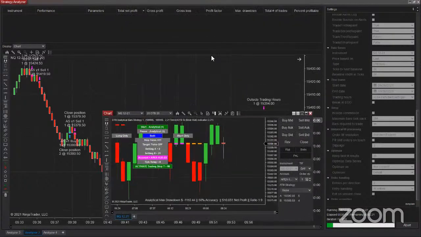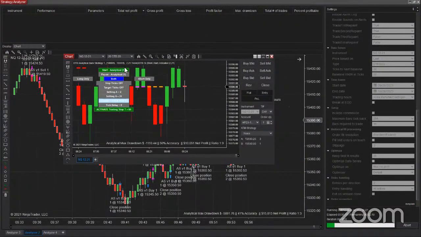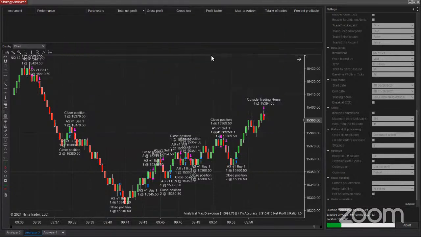I've used a 221 setting on a 2020 DTB bars, and I've used the Tuesday template, which has given me these values. 10,000 profit with 1,000 drawdown. So I've got that active and ready to start the session. I just want to run this again and see what the story is over here.